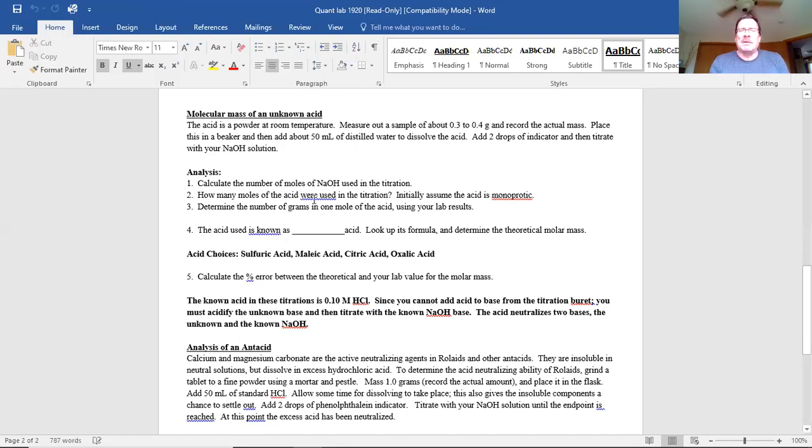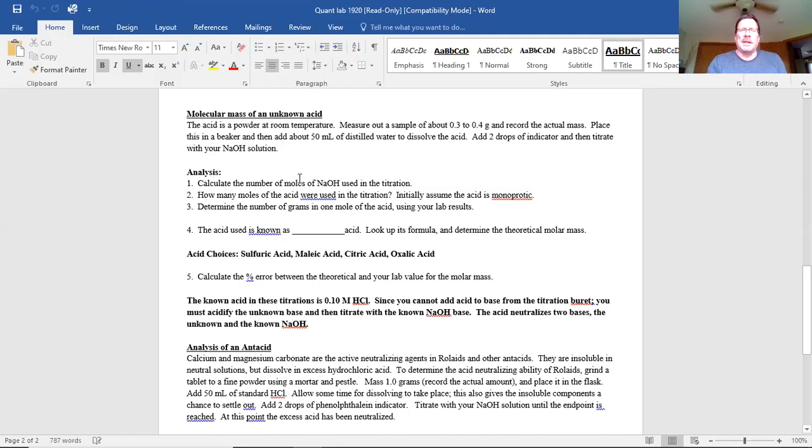Okay. Then you have to make an assumption, because it asks how many moles of acid were used, but you don't know what the acid is to do the calculations. And the term monoprotic comes in there. All monoprotic means is it has 1 H. So with sodium hydroxide having 1 OH, you get a 1-to-1 ratio.